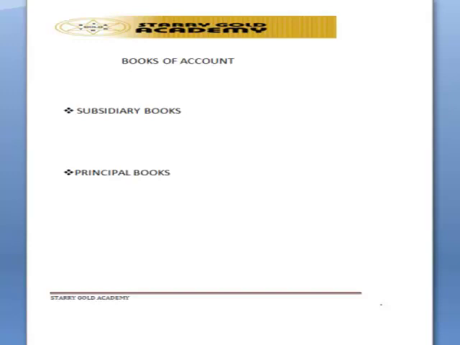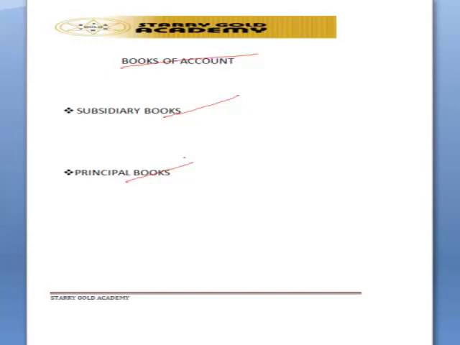And as a result, it is necessary we look at these books of account together. The first one is what we call the subsidiary books, and we have the principal book.